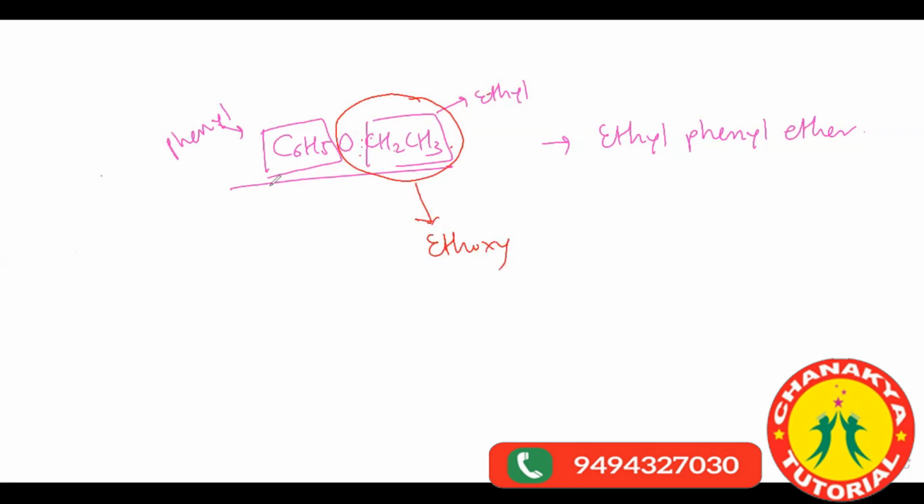And this is what? Benzene, C6H5, isn't it? Yes, the phenyl ring is nothing but the benzene ring, which is attached to oxygen, right? So it is ethoxybenzene. Clear? So this would be your IUPAC name. Understood?